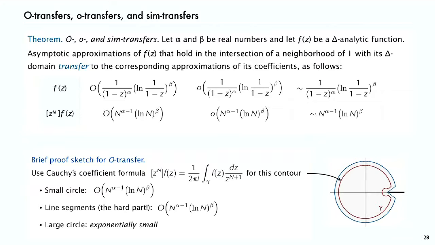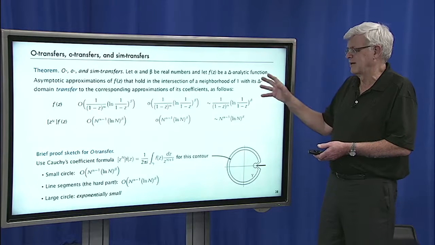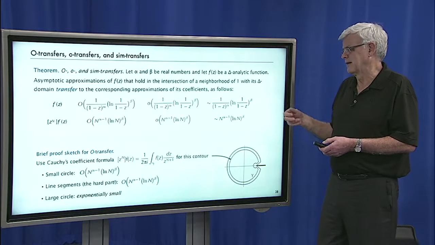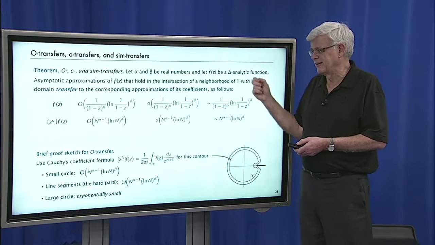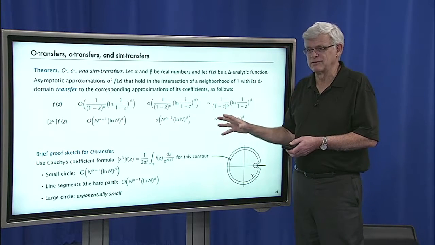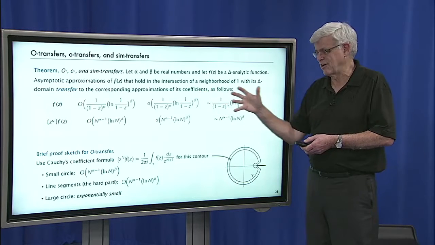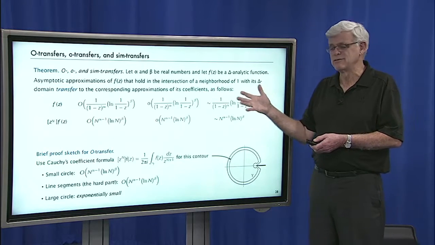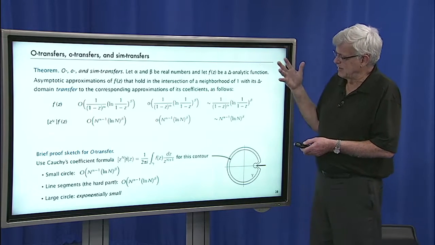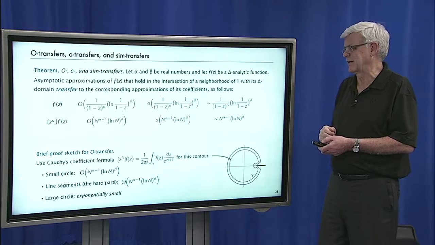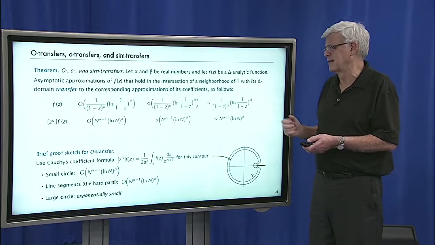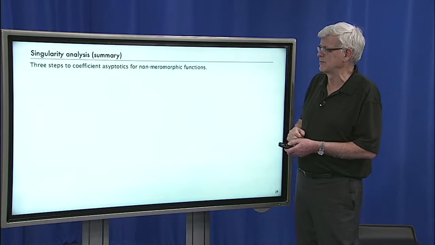Again, starting from Cauchy's coefficient formula, the big circle becomes exponentially small, and so eventually we can prove that result. And again, Flajolet and Odlyzko proved that result. It's a very general result. The rest of us can use it. So understanding the proof is not nearly as important as understanding the application in the context of analytic combinatorics.